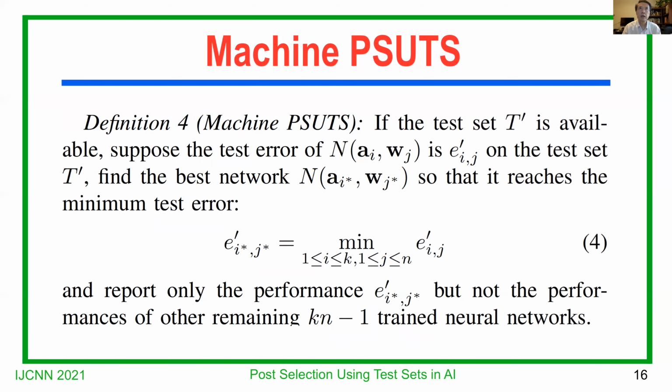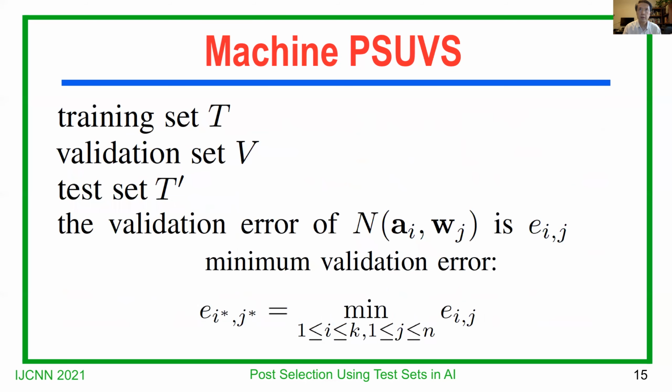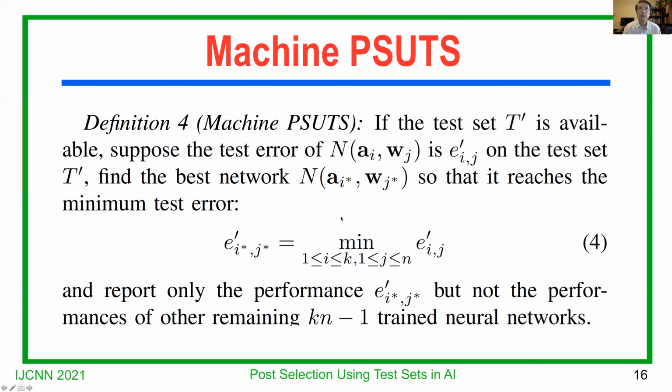Machine PSUTS, instead of selecting using the validation set, uses the test set. It's even worse. The error of network ij is tested on the test set T prime, and i*j* becomes the best network, or luckiest network, on the test set.